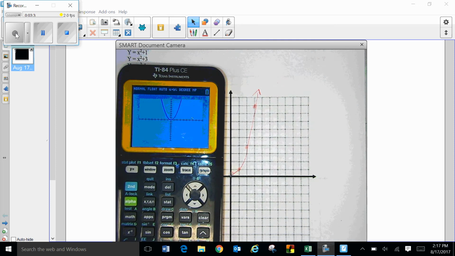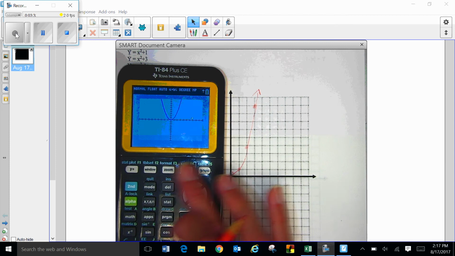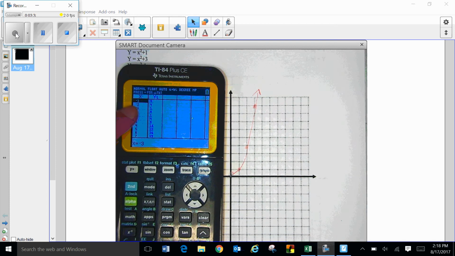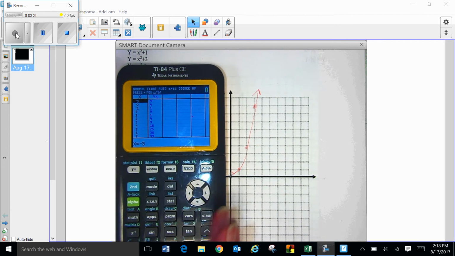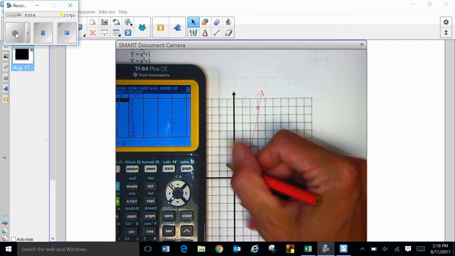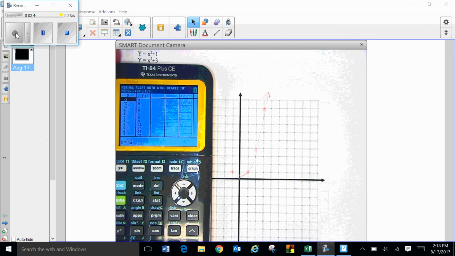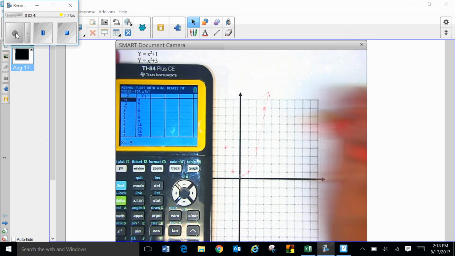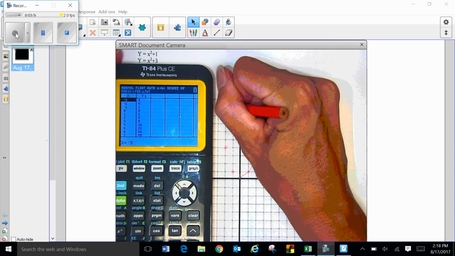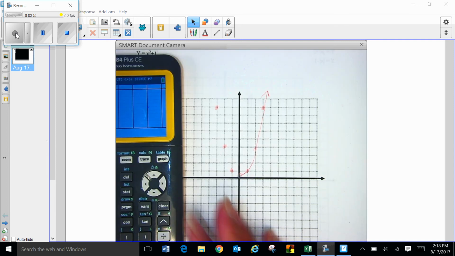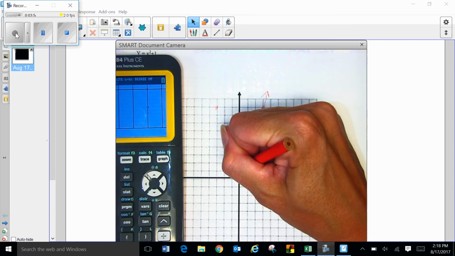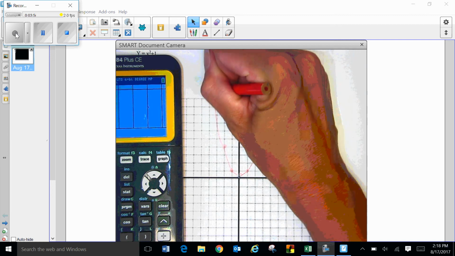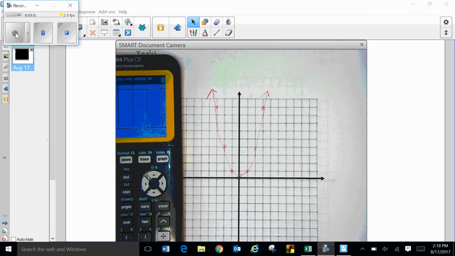So -1, 1. -2, 4. And -3, 9. That is enough points to have a good graph. Notice I put arrows on the end of my graph because my graph does keep going. If you look at your table, it keeps going higher. We just don't have room for it on our grid.